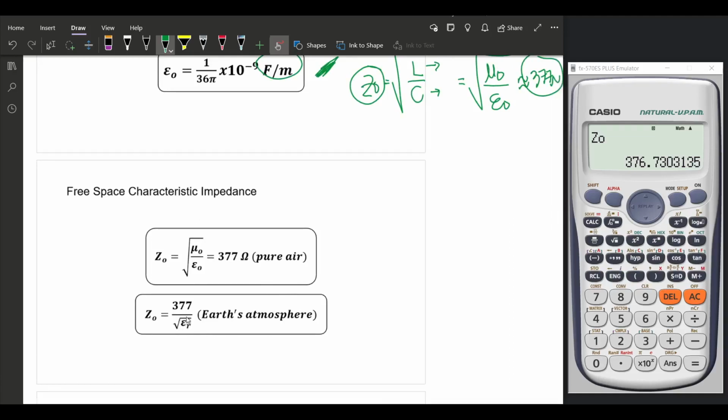So, nilalagay pa siya dito. Pero sa computation, so we approximate that the Earth atmosphere, yung relative permittivity, so ina-approximate na natin to as equal to 1, no? So that's why okay na yung 377 na gamitin sa computation. So no need na ito.